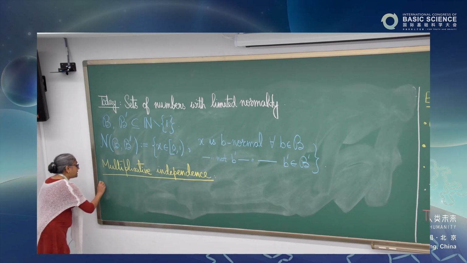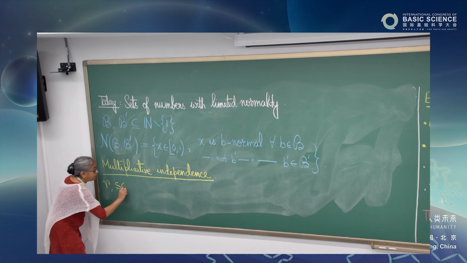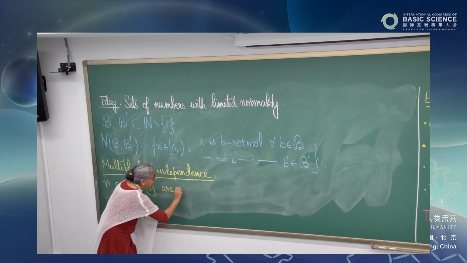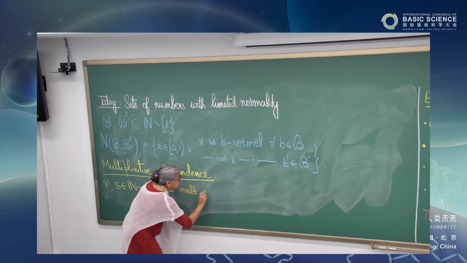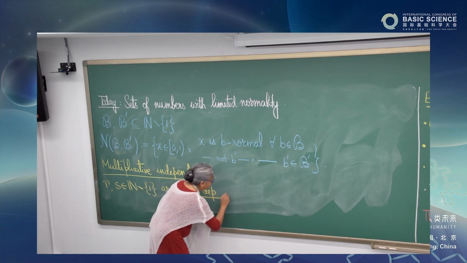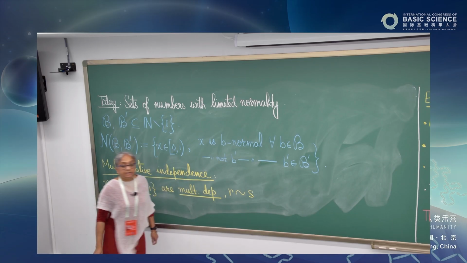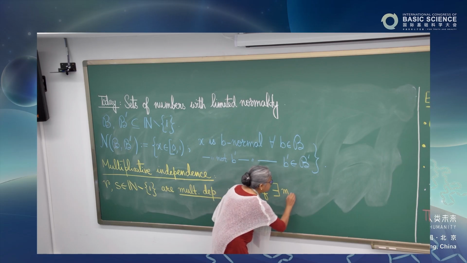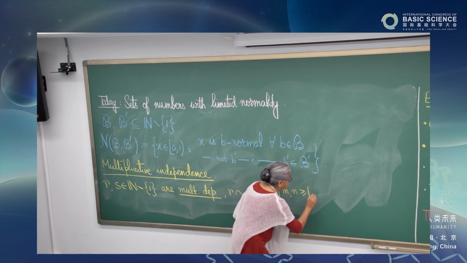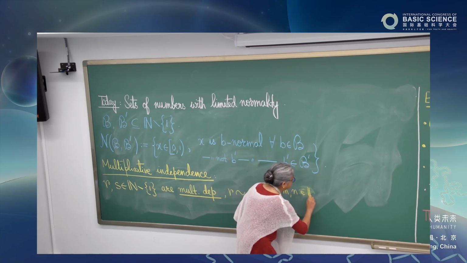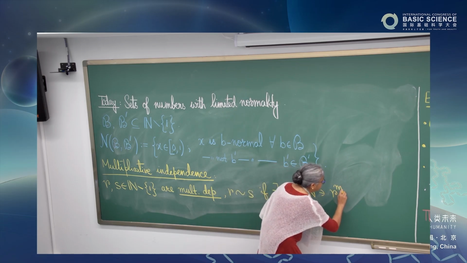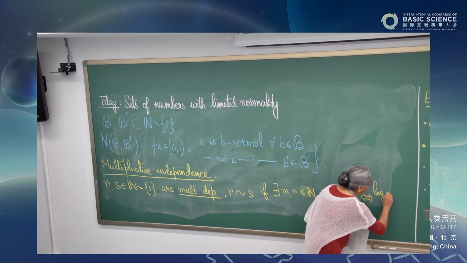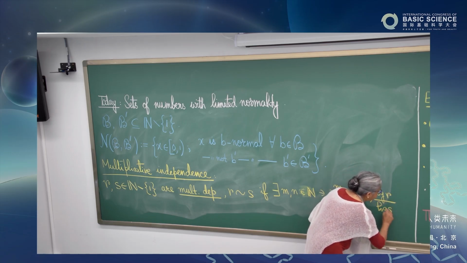We are going to say that two integers, r and s, are multiplicatively dependent, and we are going to denote this by r ~ s, if one can find positive integers m and n such that r to the m is equal to s to the n, which is really the same as saying that log r over log s is rational.